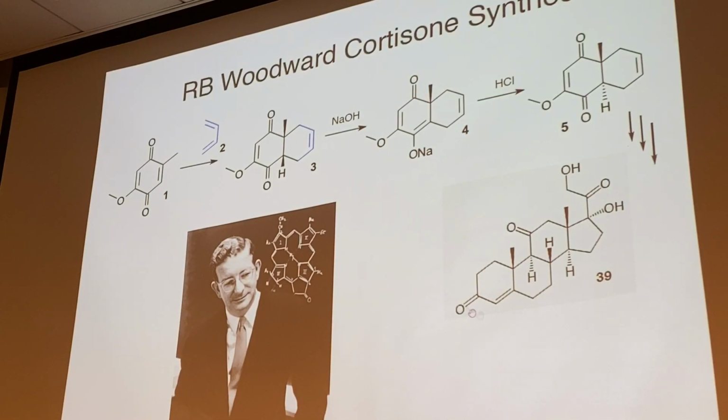Very complex molecule for the 1950s when he first did this synthesis of cortisone. But the key step here was the Diels-Alder reaction. Here's butadiene with a dienophile, the alkene here on the side of this quinone, to give this product right here. And that's kind of the core that goes on to the AB rings of the steroid. So there's many more steps here. We're just showing a portion of the synthesis there.